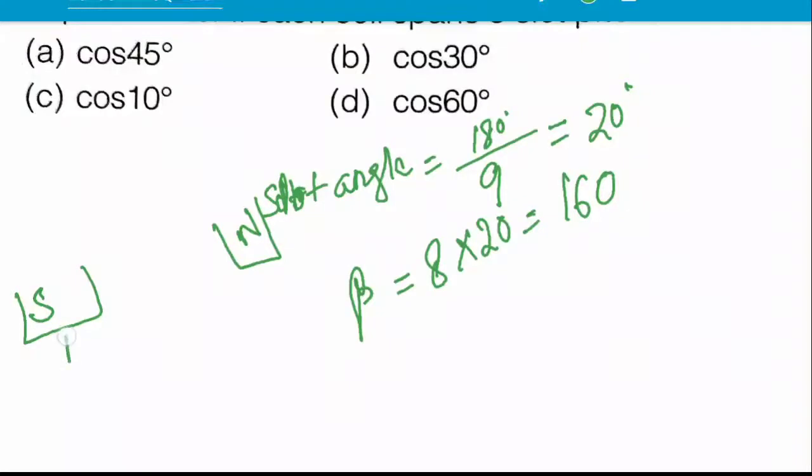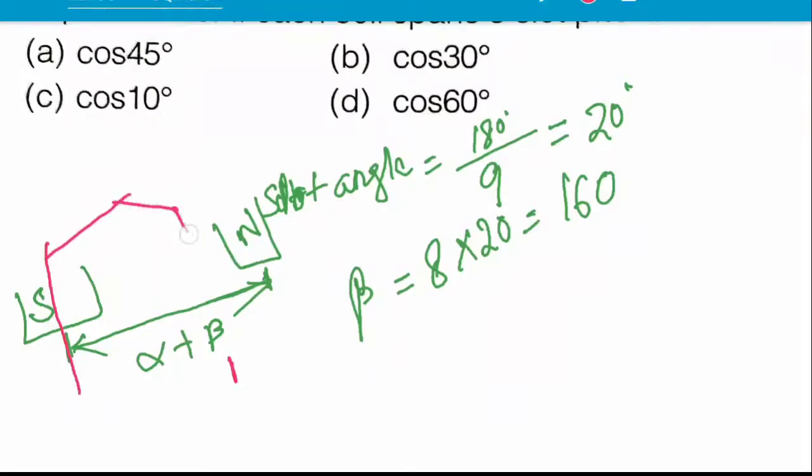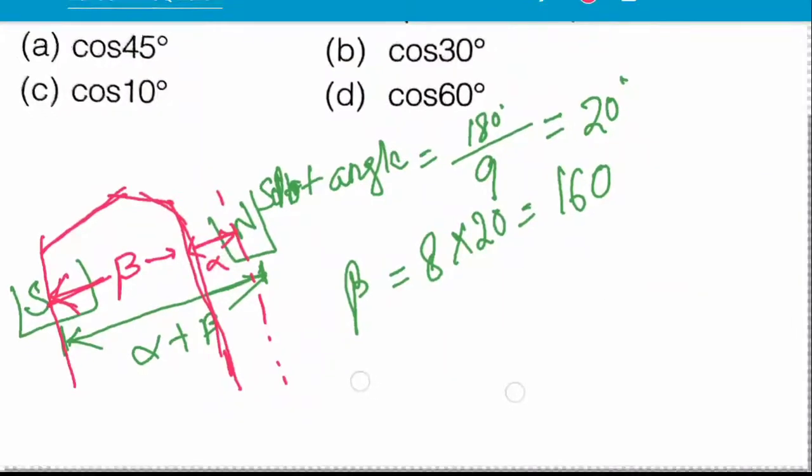Suppose this one is the middle and this one is the middle, the whole is alpha plus beta. And what is beta? Suppose one side of the coil is here and another side of the coil is here, not here. This is the ideal position, but it is here. So this is denoted by beta, and this is the angle alpha, the electrical angle.